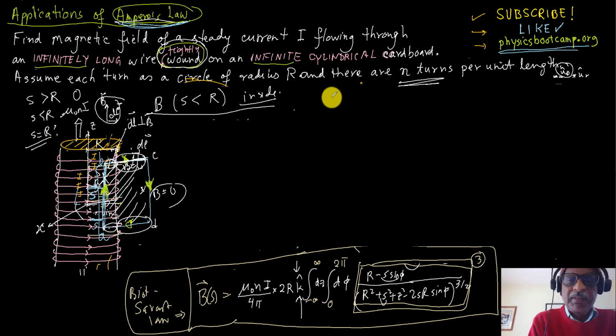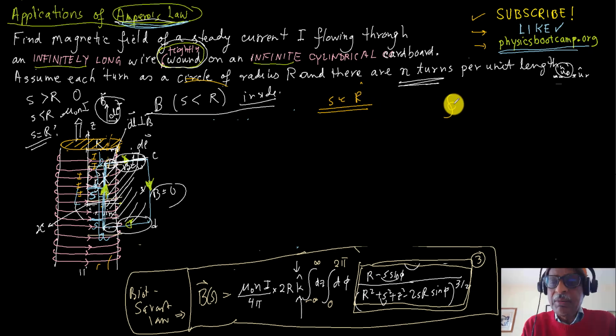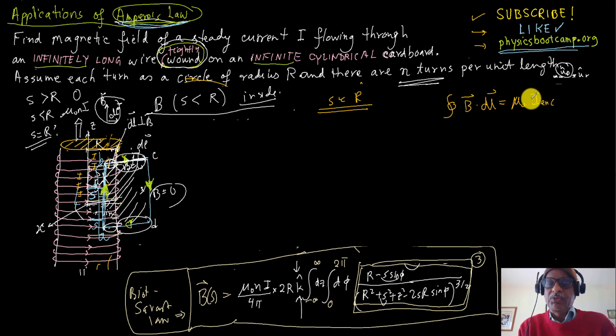So S equal to R. For that we need to know that B dot dl equals mu naught I enclosed.